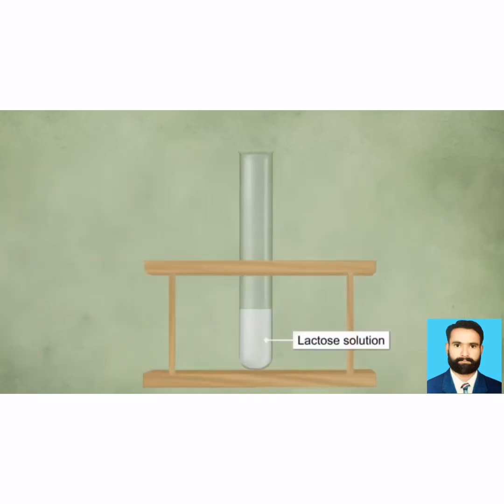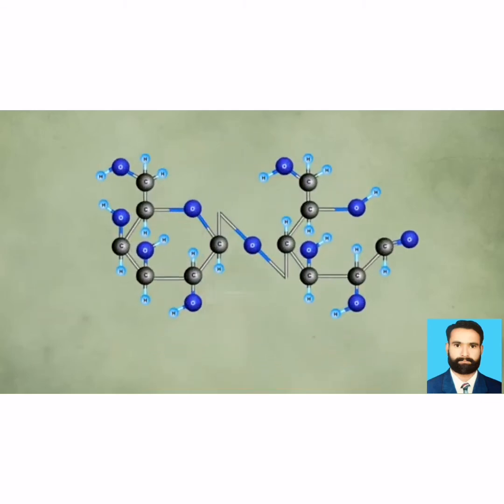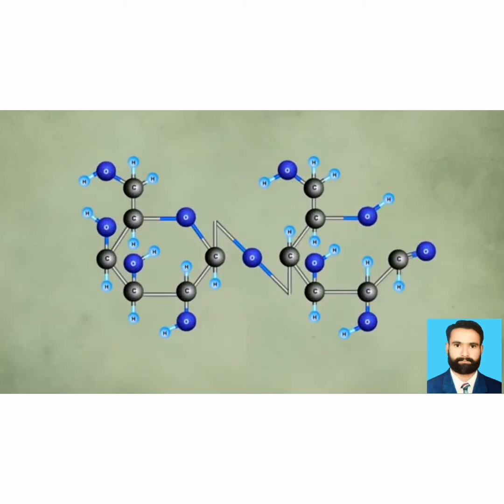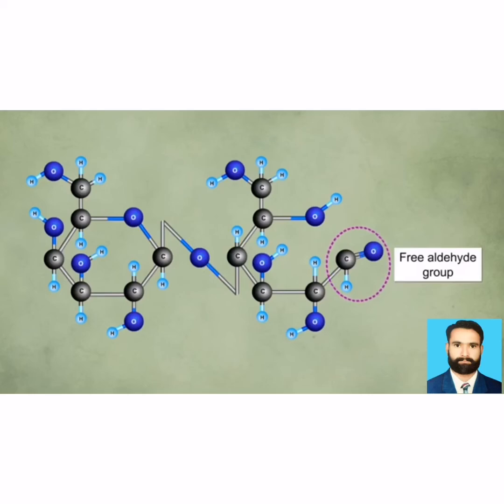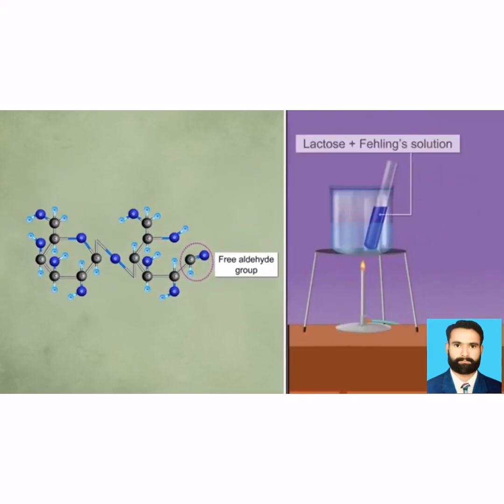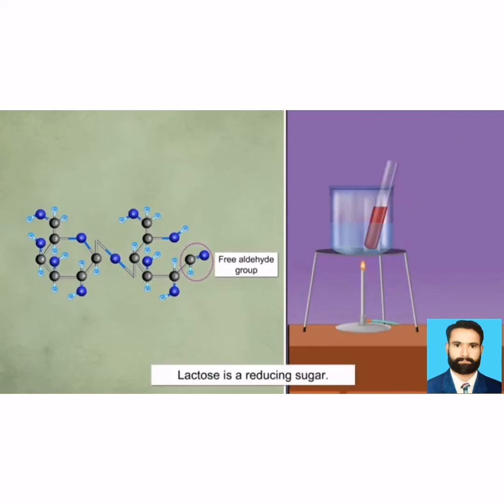The ring of the glucose unit of lactose opens up in the solution phase and its free hemiacetyl group changes to a free aldehyde group. The free aldehyde group enables lactose to get oxidized by Fehling solution, thus making it a reducing sugar.